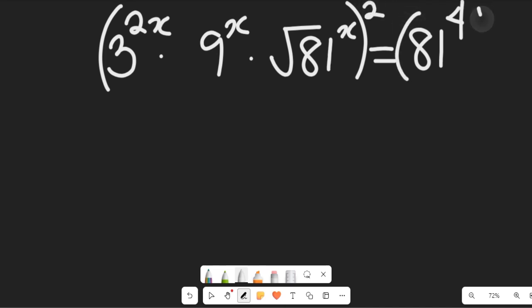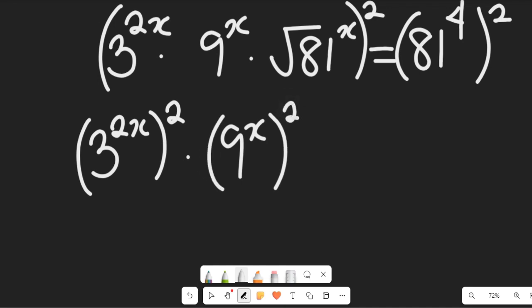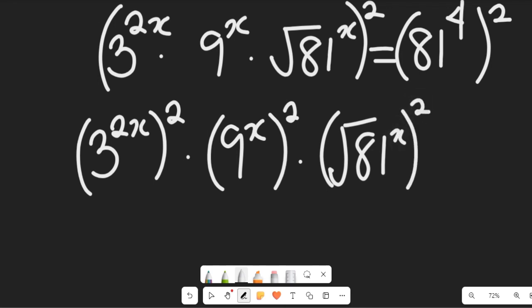That expression will now give us 3 to the power of 2x all squared, multiplied by 9 to the power of x all squared, multiplied by the square root of 81 to the power of x all squared, and this will be equal to 81 to the power of 4 times 2, which is going to give us 8, right?